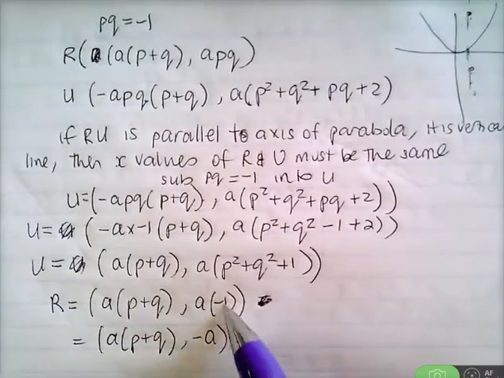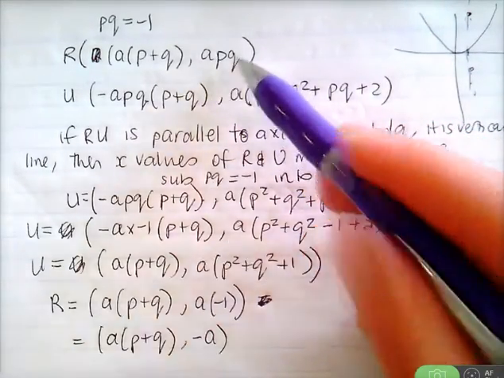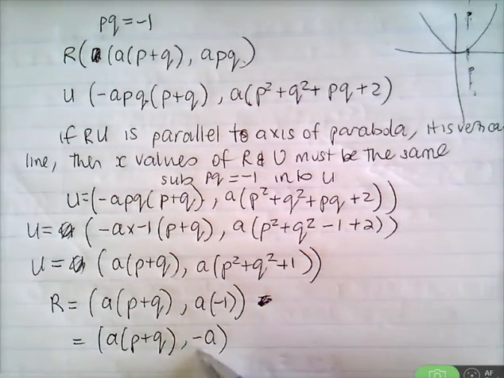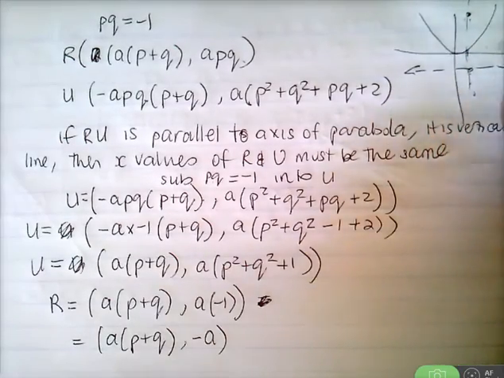Because PQ, if you go up here and look at what R is, it's a times PQ. So anyway, now that we know that R is that, tell me where R lies: its y value is -a down here. It lies on the what? Directrix.